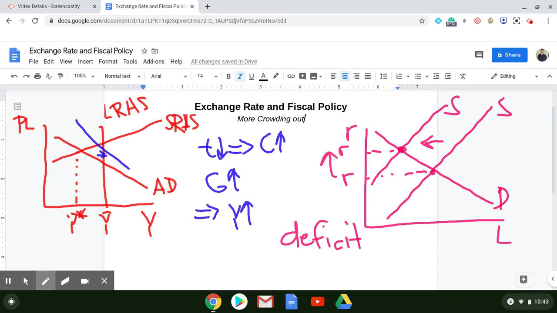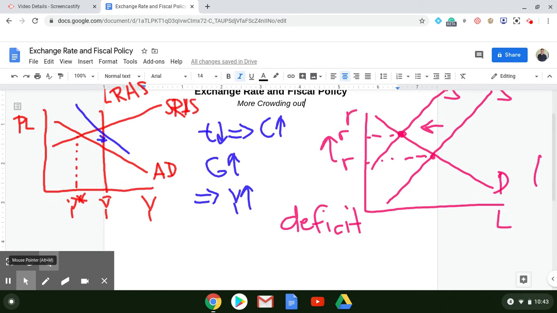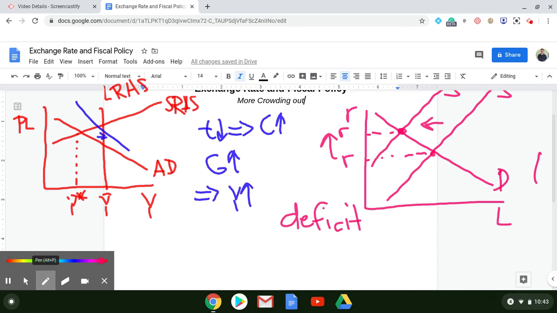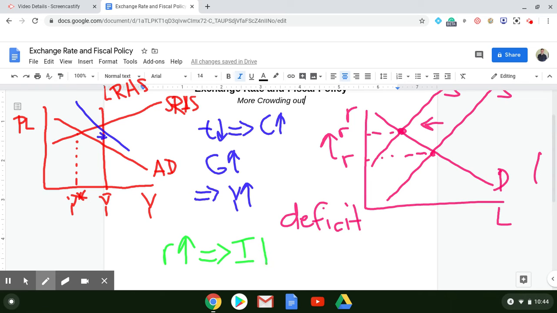All right, so here's our story again. Real interest rate increases. That makes it less attractive to go borrow money. So interest sensitive spending, especially investment spending, decreases.